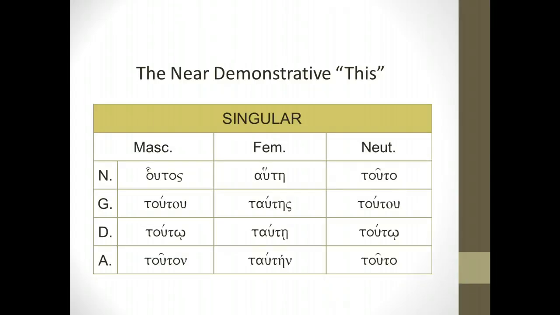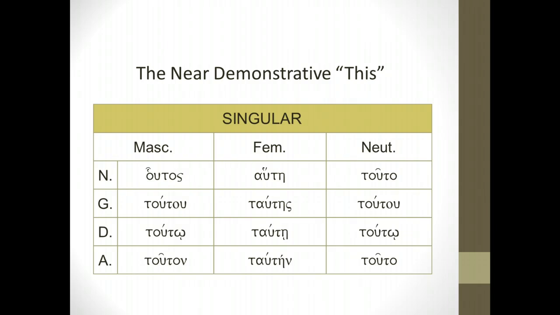Take a look at your nominative. Hutas is just like the as ending that we have in our nominative. Haute is just like our a ending in the nominative, or tuta. In fact, if you take a look outside of the nominative endings and you look at your genitive and your dative and your accusative, all that we've done is we've taken our definite articles like to, taste, to, and we've either added a to at the front in the nominative and the genitive, or a tau at the front in the feminine.